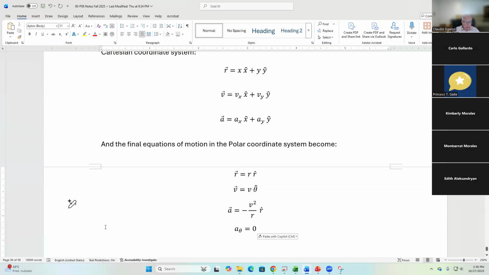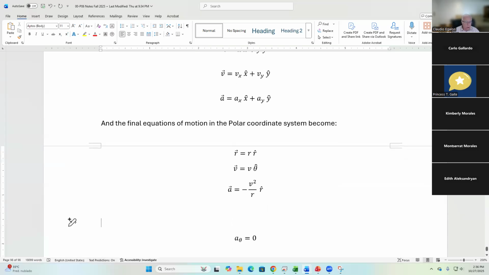Note that in uniform circular motion, let's write that down.